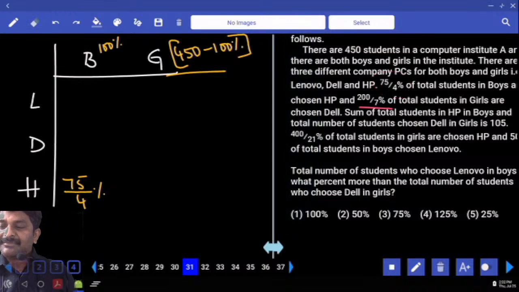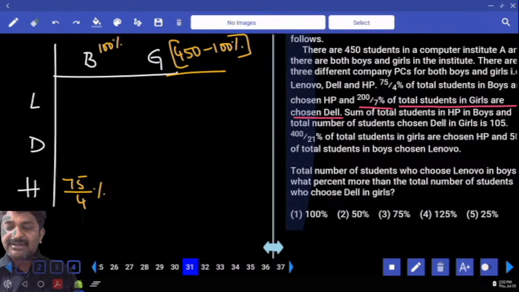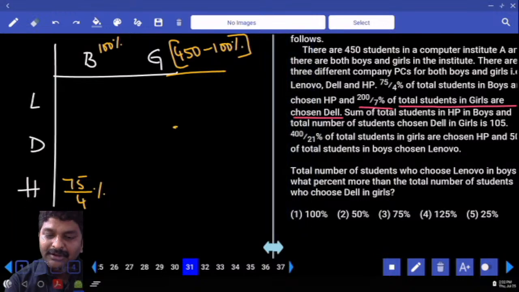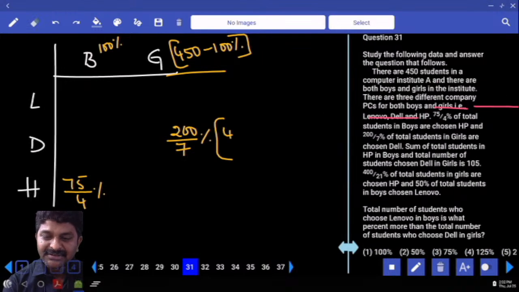200 by 7% of the total students in girls have chosen Dell. 200 by 7 percentage. Let's delete the percentage symbol or write like this, no problem. Of girls, which is 450 minus 100%.